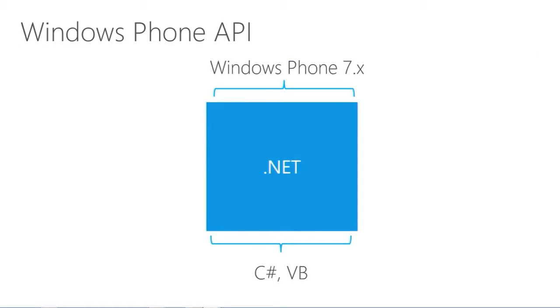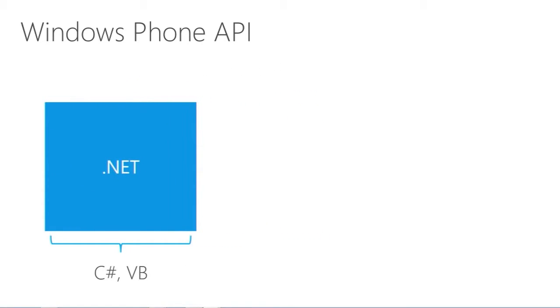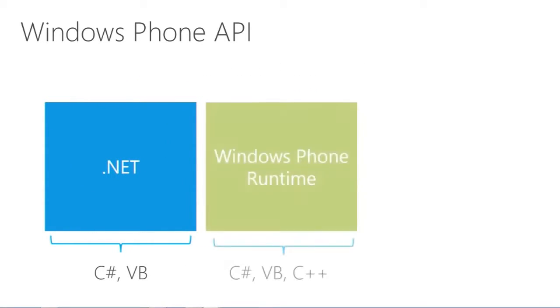When you think about Windows Phone, or specifically Windows Phone 7, and I'm hoping that many of you have already built Windows Phone 7 apps, in the past that was all about .NET, C# or VB. When we moved to Windows Phone 8, there was a runtime that we've now added, which can be used from either C# or VB, and with Windows Phone 8, we've added C++ as well.